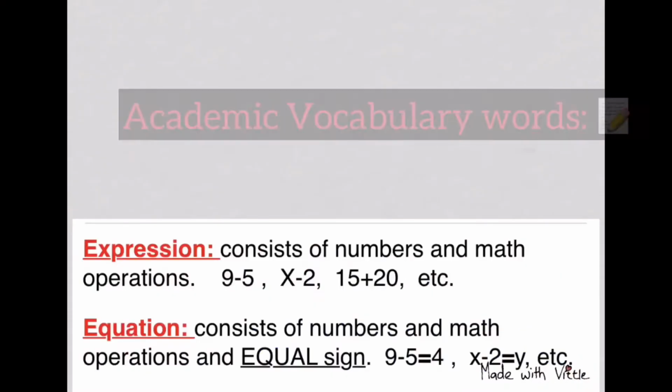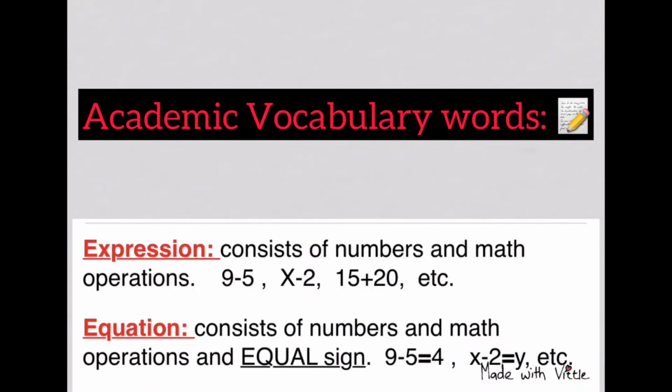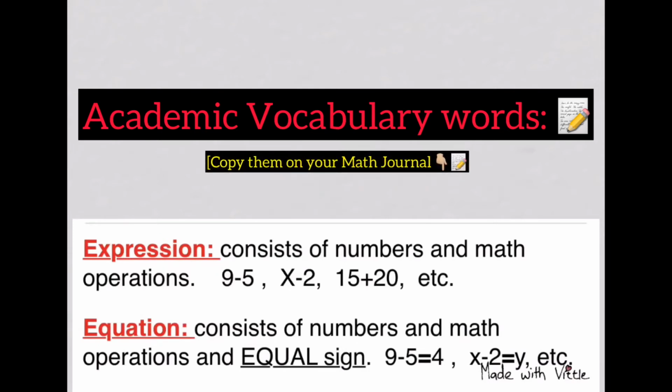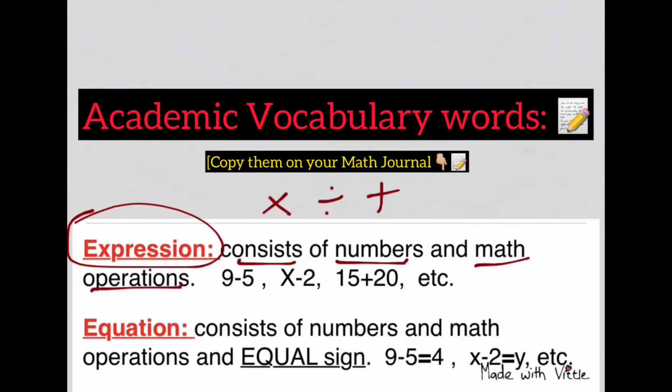Before we move on, we should learn two vocabulary words that we're going to be using from now on. The first one is the expression. What is an expression? It consists of numbers and math operations, whether it's multiplication, division, addition, or subtraction. As long as it has numbers and an operation or combination of operations, we call it an expression. Like for example, 9 minus 5 or x minus 2.